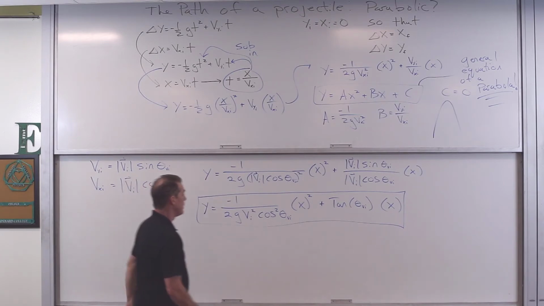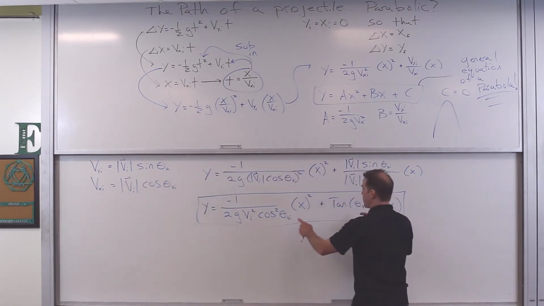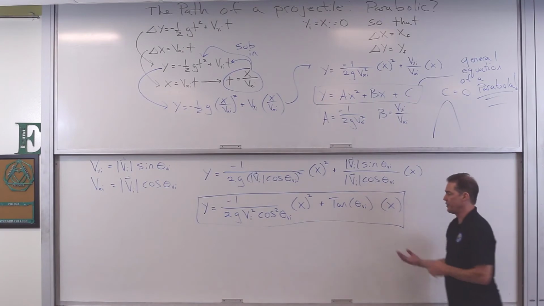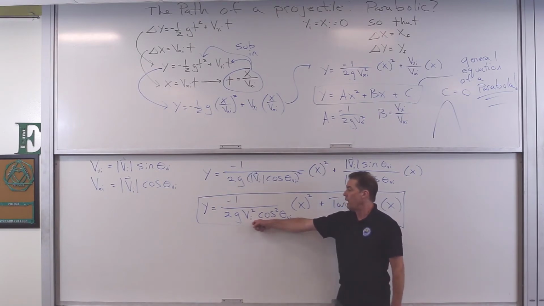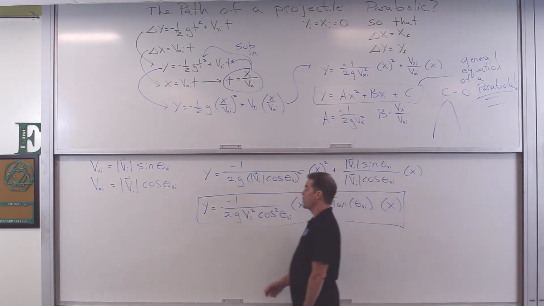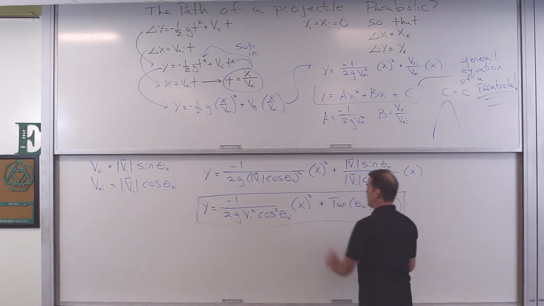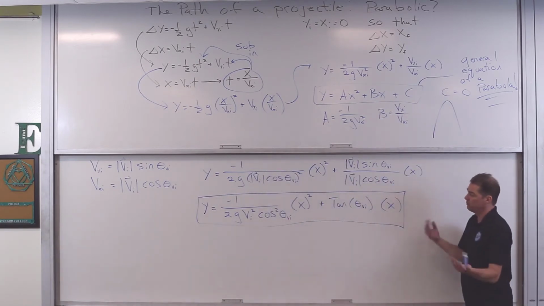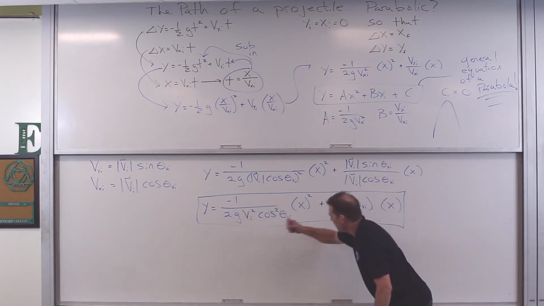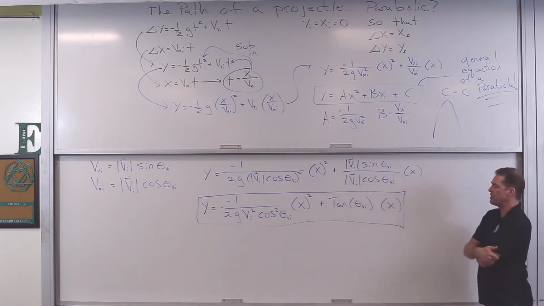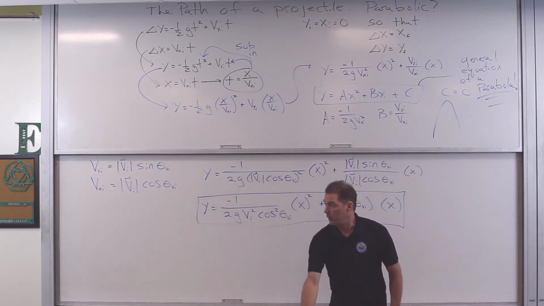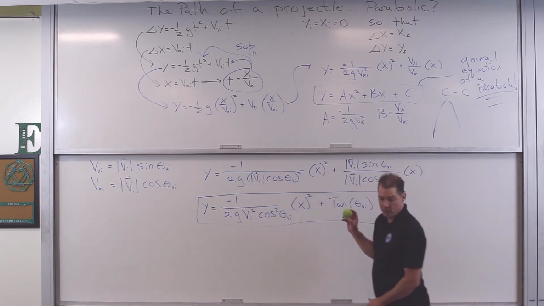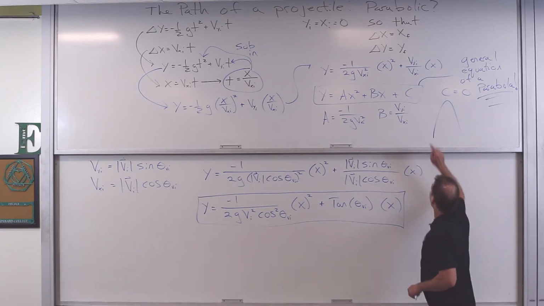What one can do is start thinking about the variation of initial angles and the consequence of that. Or, we could solve this all out for V initial. If we want something to have a certain y and x position, given a certain initial angle for the velocity, there's a certain speed at which we can do it. I take a ball and say, I want this ball to strike right here.